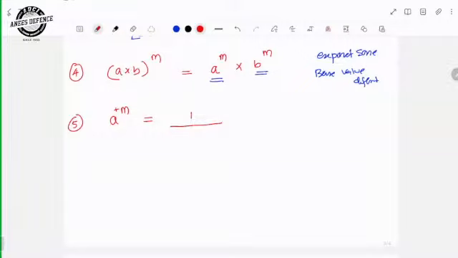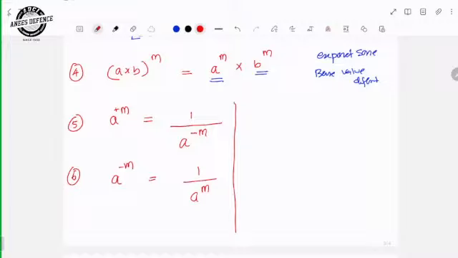When we take the base and exponent to the denominator, it will become a raised to minus m. Similarly, where the exponent is negative, if you take the base value with the negative exponent to the denominator, the exponent part will become positive: 1 by a raised to m.